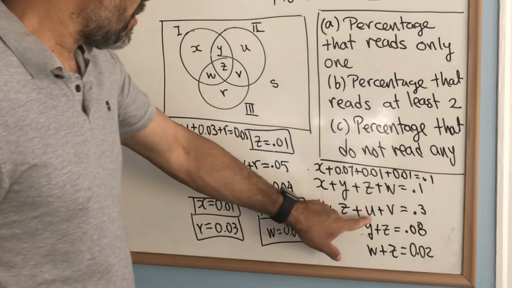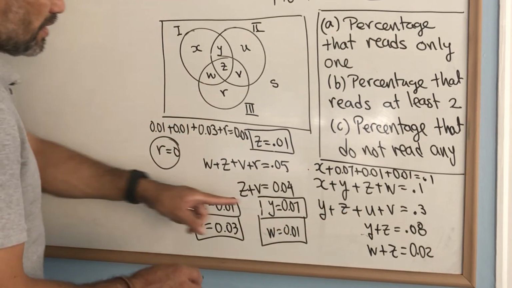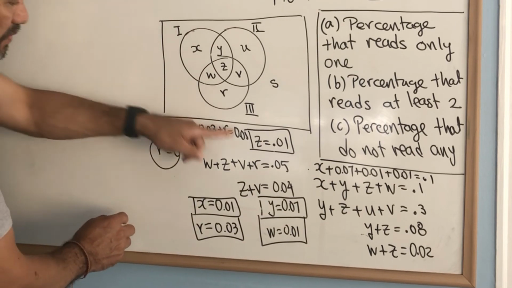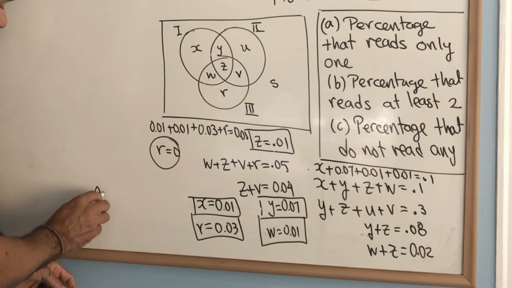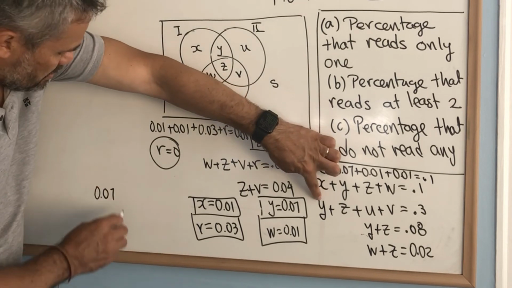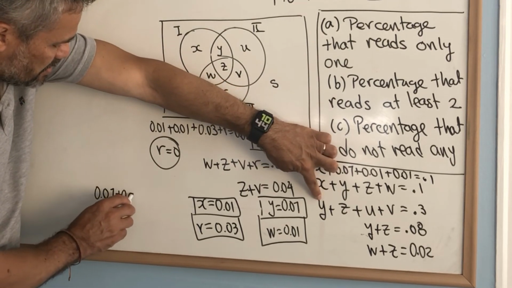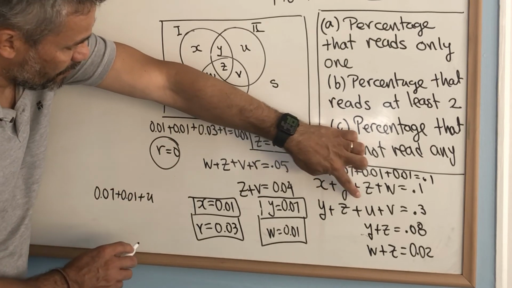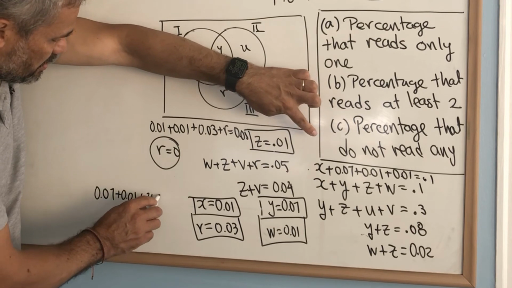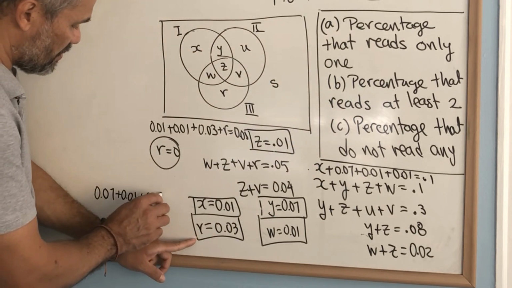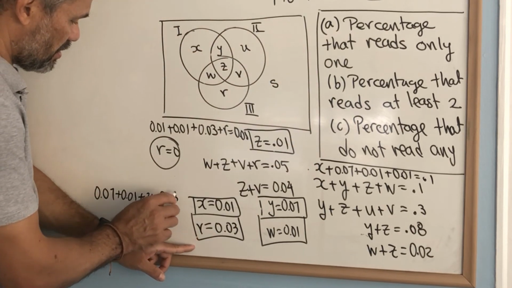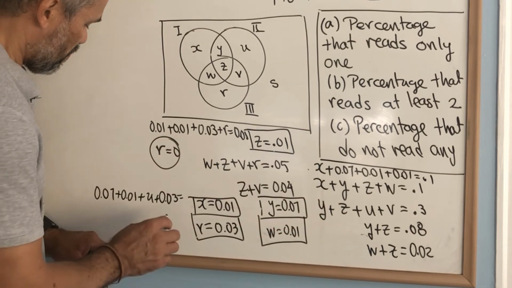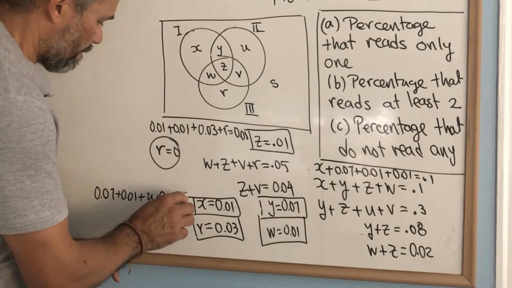And finally, from here we get that Y, what is Y? 0.07. And replacing here, plus C, which is 0.01, plus U that we don't know, plus V, which is 0.03, this is equal to 0.3.